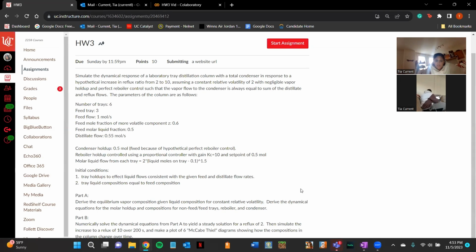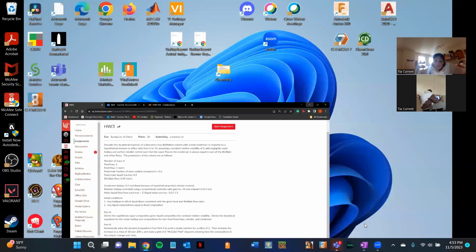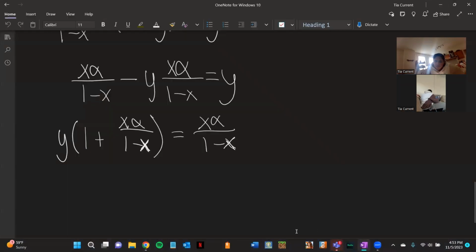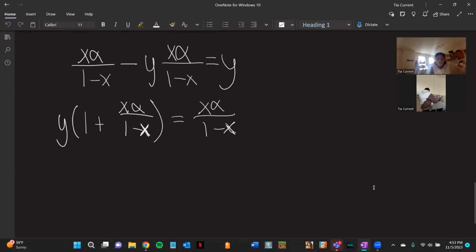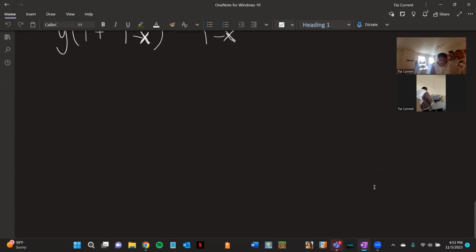And now we're going to derive the dynamical equations for the molar holdup and compositions for non-feed, feed trays, reboiler, and condenser. I'm going to scroll down. Just going to draw an example of a tray to go off of.